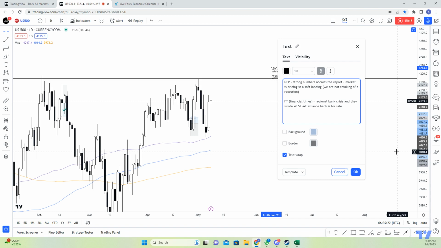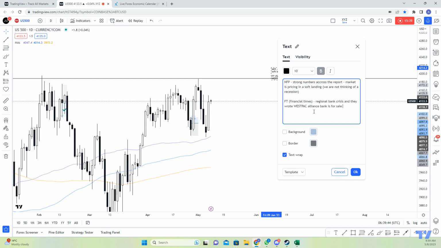And then they came out and said it's not for sale, we're doing okay. And then all the financial sector started to rally. So if the financial market started to rally, right, S&P also started to rally.